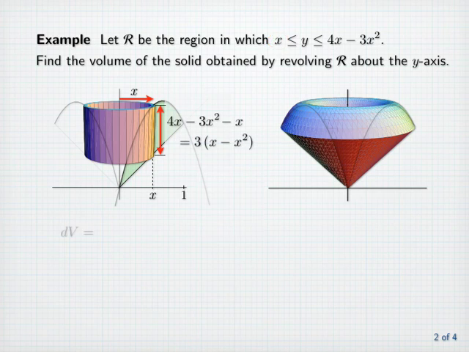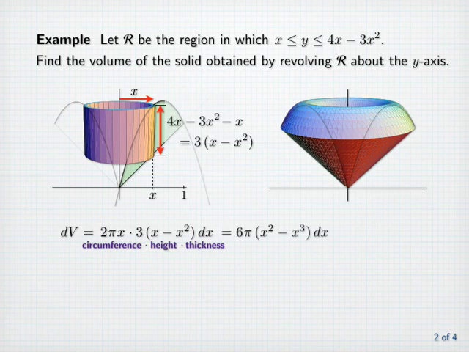So our volume differential dV is the shell's circumference, 2 pi x, times its height, 3 times x minus x squared, times its thickness dx. We'll prepare this for integration by writing it as 6 pi times x squared minus x cubed times dx.